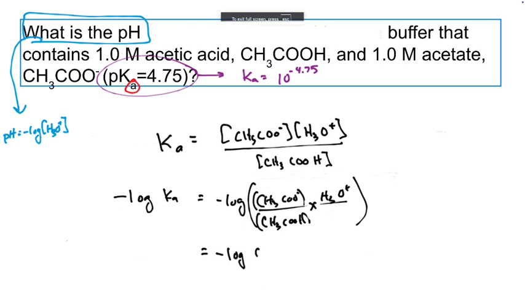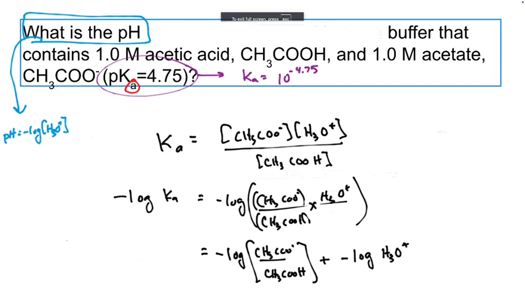The negative log of the CH3COO minus over CH3COOH plus the negative log of the H3O plus. You know what, I've got a plus and a minus there. Should I condense those? I mean, I could. But we're actually not going to. Why should we not do that? If we brought it over to the other side, we could do that.